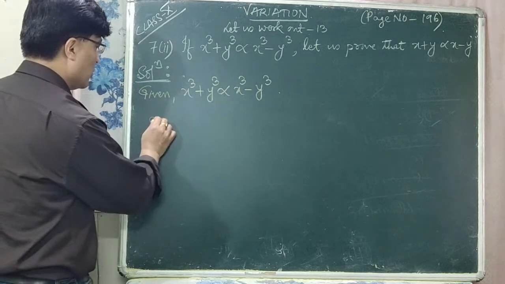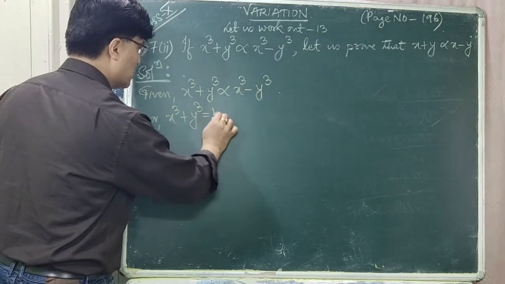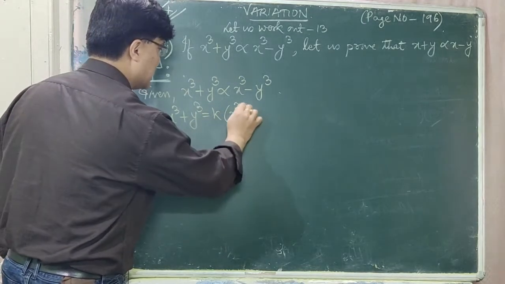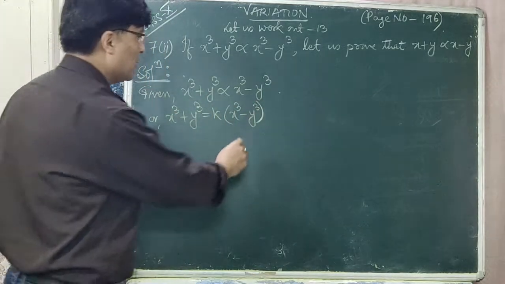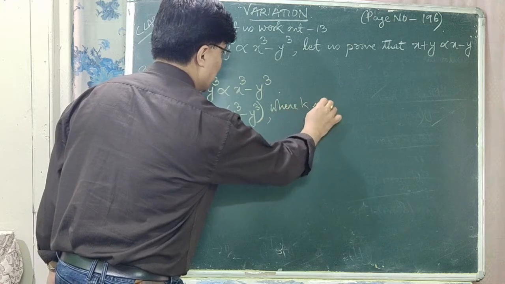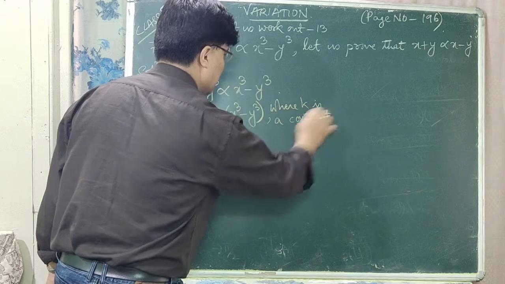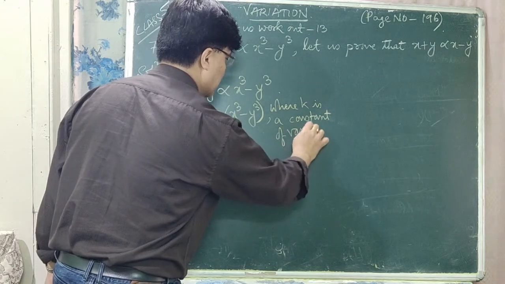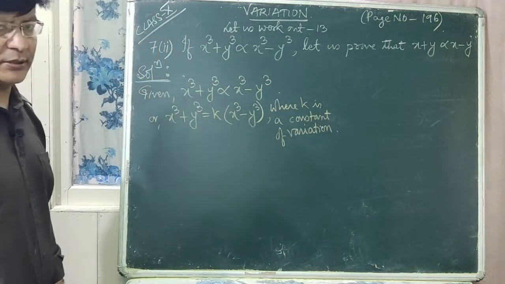Okay, so x cube plus y cube is equal to k within bracket x cube minus y cube. Now where k is a constant of variation, right?